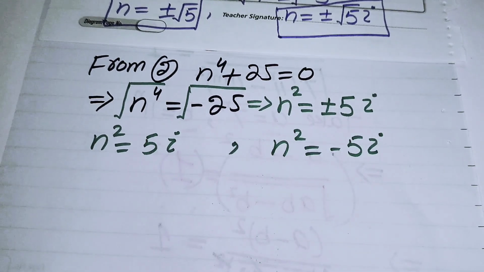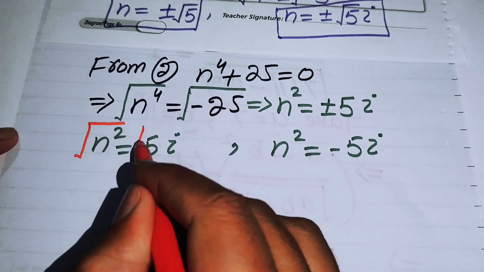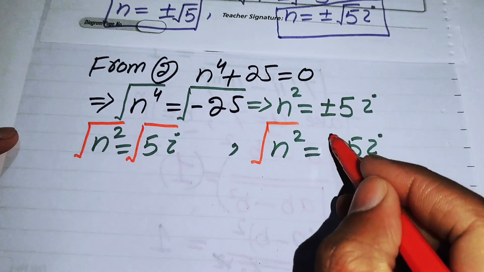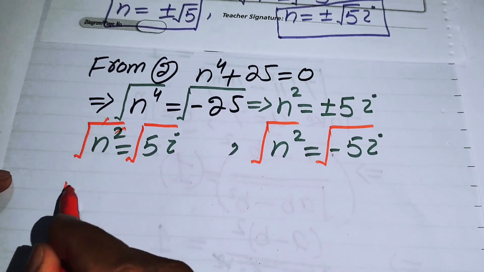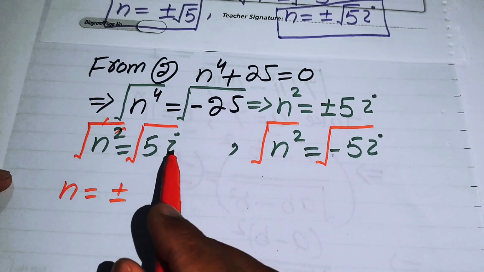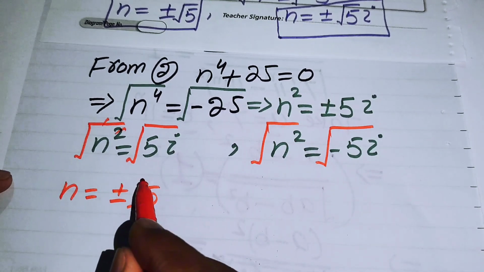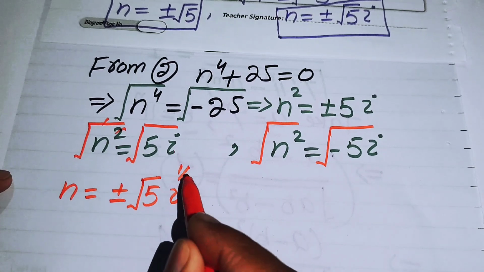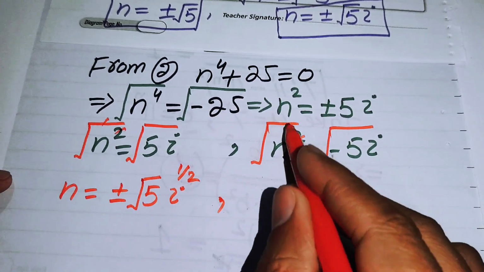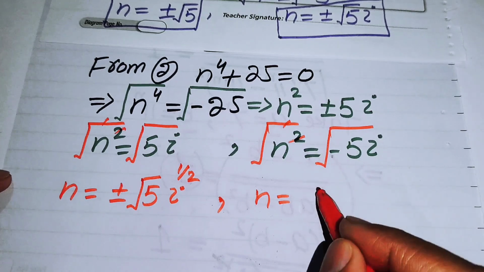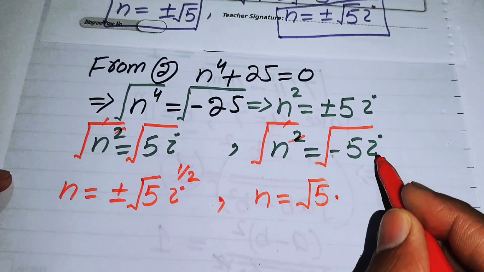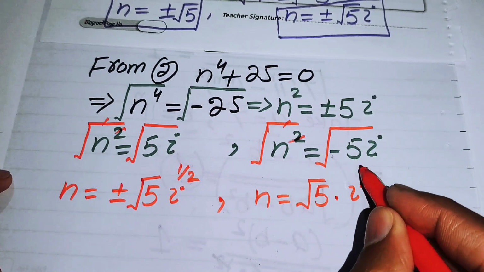Now in order to find the values of n, we need to take the square root on both sides again, so the 2 and the square root are gone, and we have n equals plus minus square root of 5 into iota to the power of 1 over 2, writing the square root of iota as iota to the power of 1 over 2.